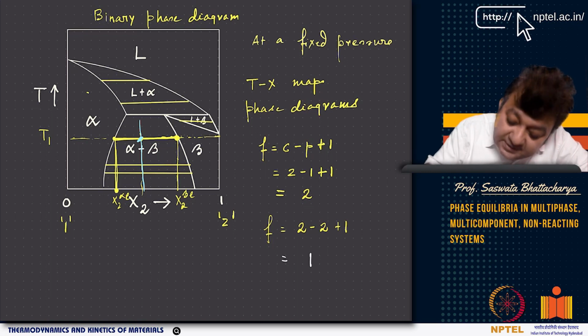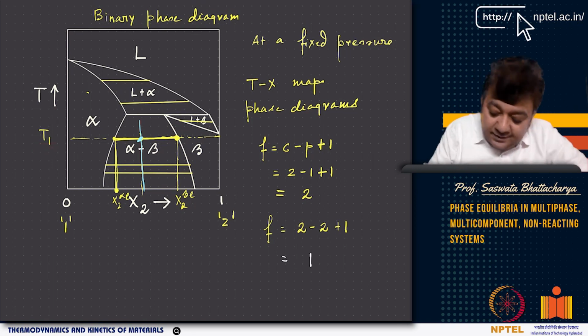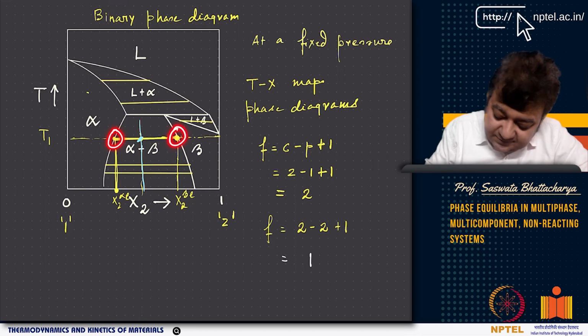For example, at temperature T1, these points represent the composition of the alpha phase that is in equilibrium with the beta phase, and this point represents the composition of the beta phase that is in equilibrium with the alpha phase at temperature T1.